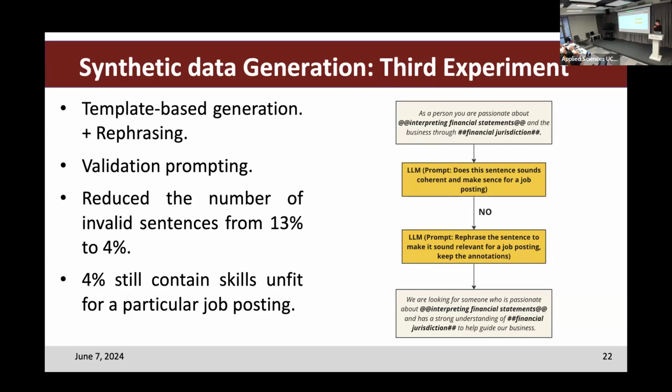We prompted it again using this validation prompt, and we found that only 4% of the sentences are detected as bad, and mostly that's because the sentences contain skills that don't fit a particular job posting. For example, it asked for an engineer with gardening skills or something like that.